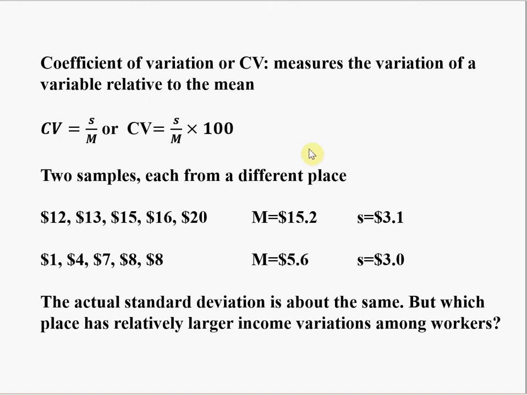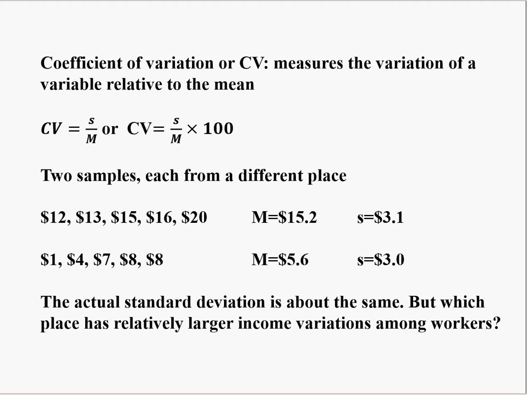First place, 3.1 divided by 15.2, you have about 0.2, 20%. The income inequality relative to average income is about 20%.